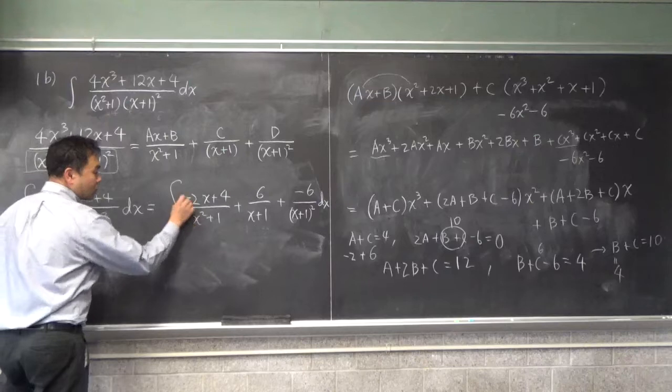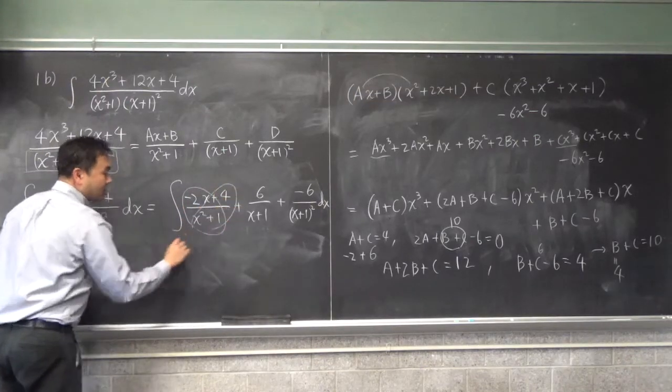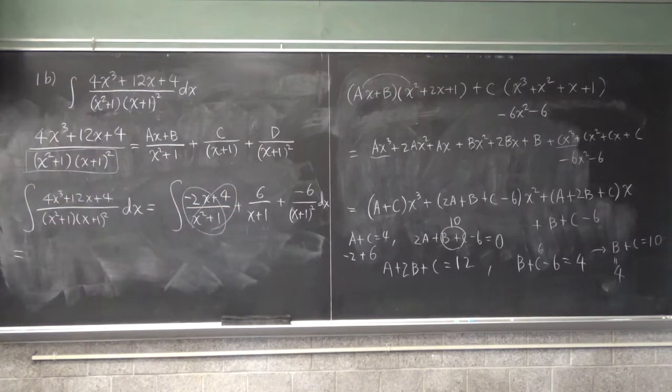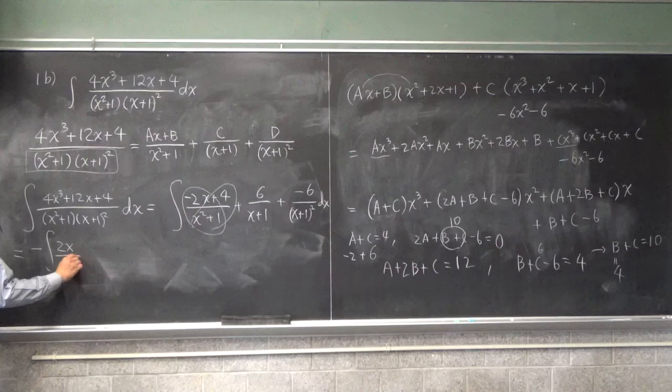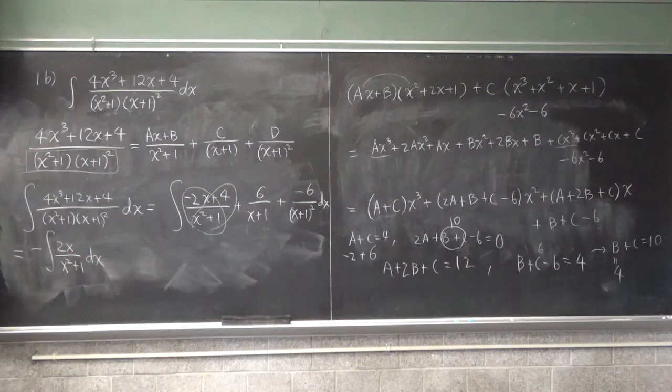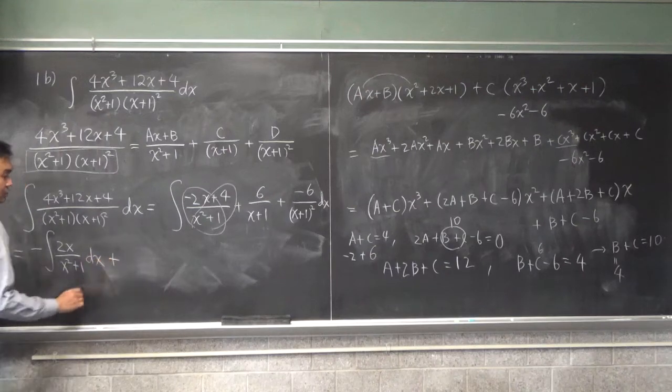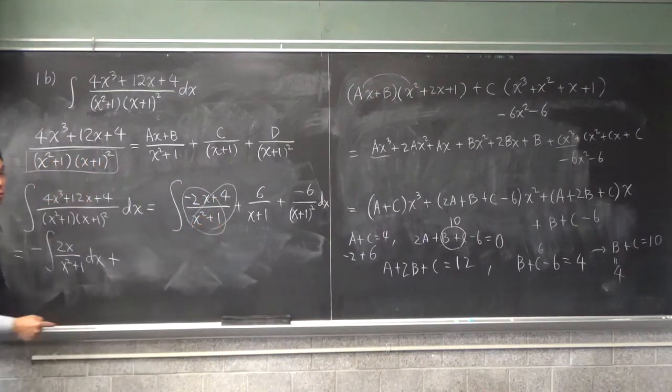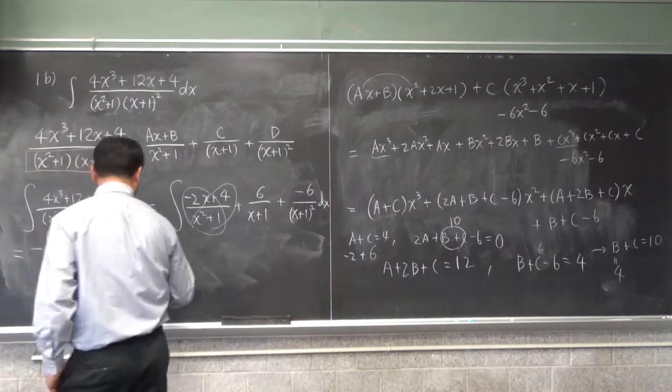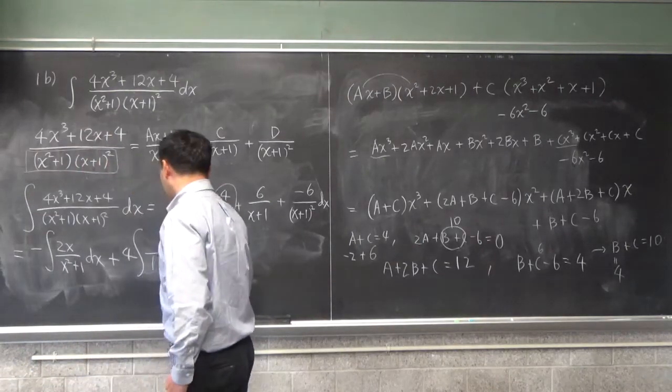We also want to break apart this fraction into 2 so that the first integral is negative integral of 2x over x squared plus 1 dx. The next integral is 4 over x squared plus 1, but let me pull the 4 outside and write it as integral of 1 over 1 plus x squared.